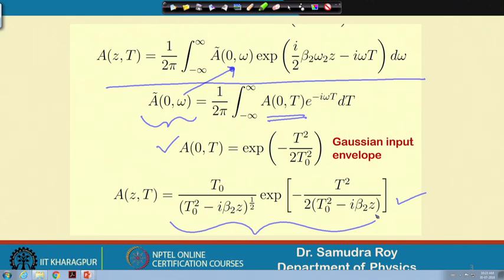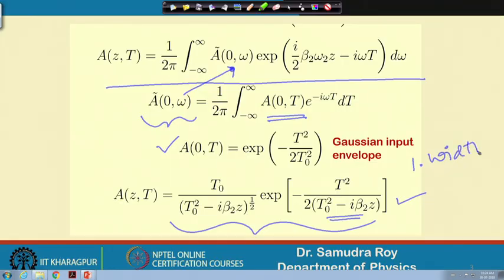If you look carefully at this expression and compare the input and output expressions, you will find certain changes. First, the width is changing. Secondly, the amplitude part is also changing.